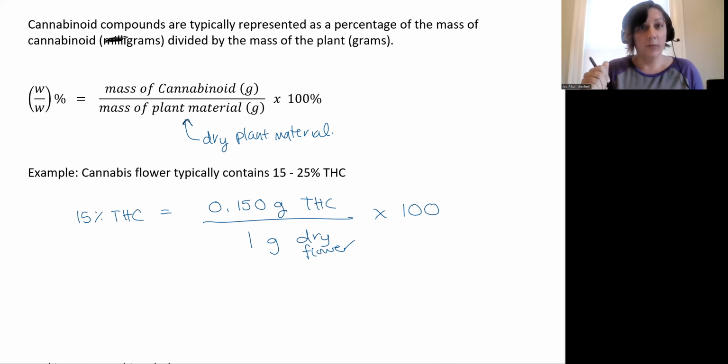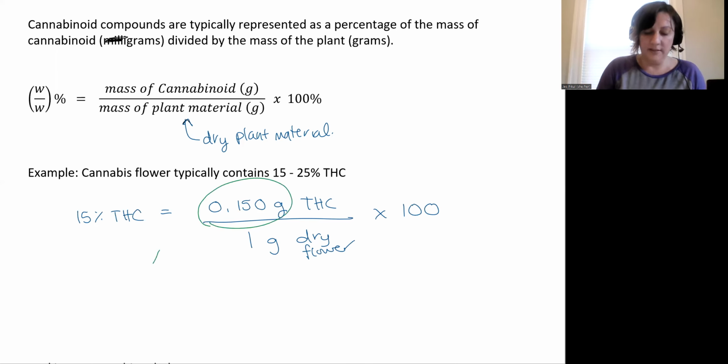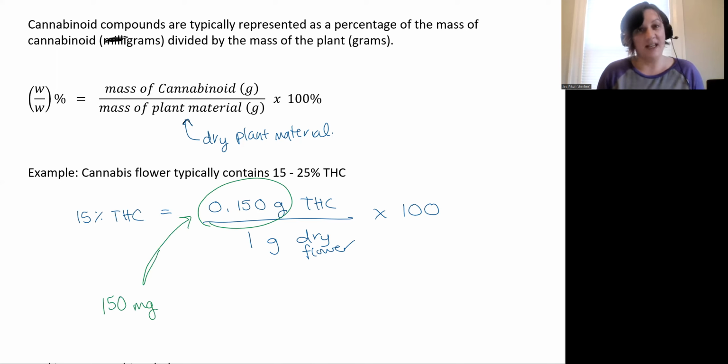That 0.150 gram right here is equivalent to 150 milligrams. So it's saying in a gram of the flower, there's 150 milligrams of THC. And if I calculate this, 0.15 divided by 1 is 0.15 times 100 is 15. That's where I'm getting that percentage.